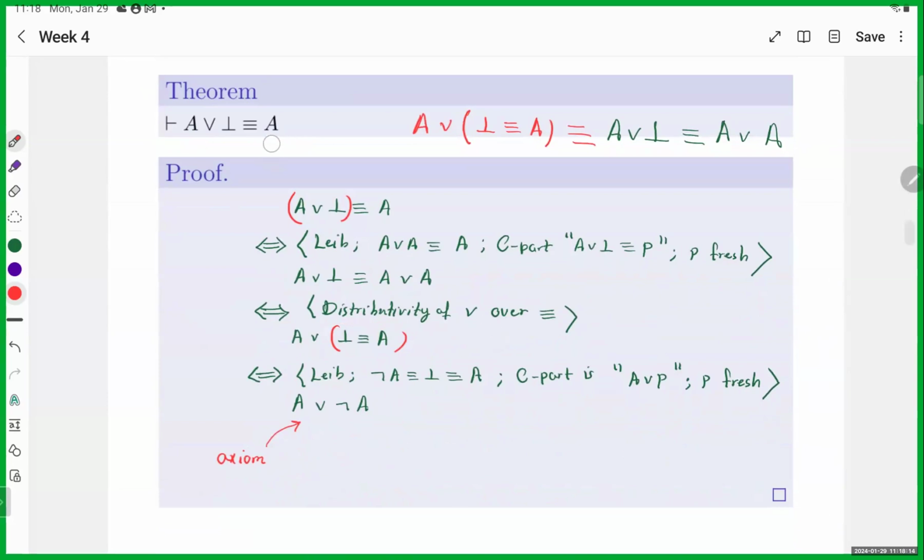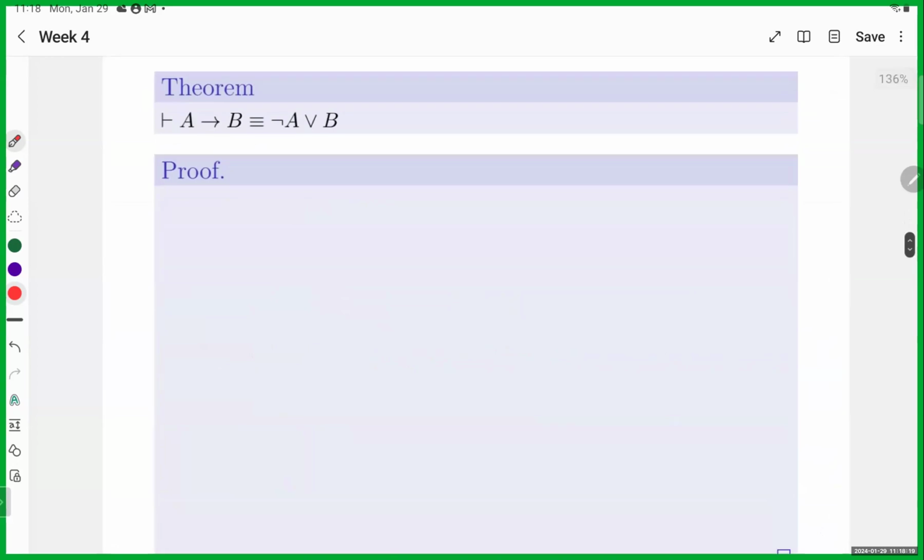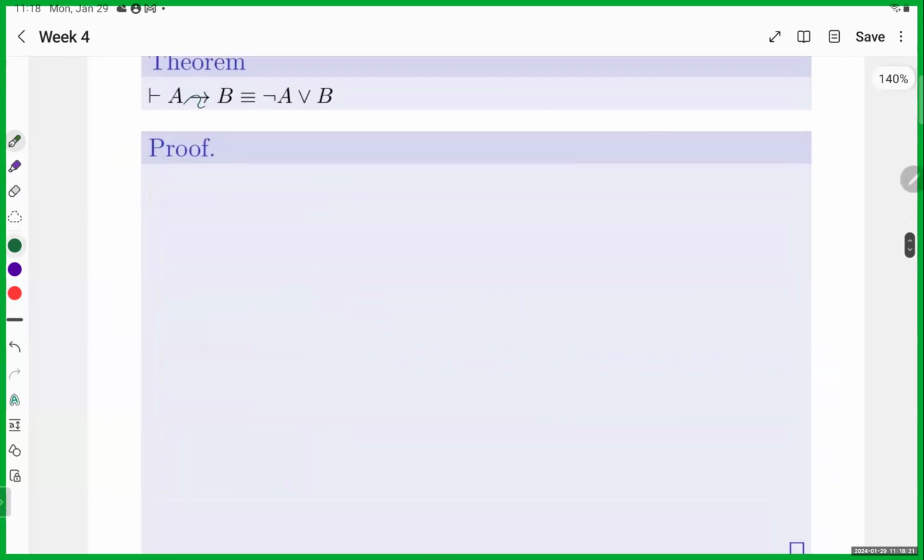All right, let's move on to our next theorem, the last one for today. I hope I'll have time to finish it, but let's prove a very important, very useful theorem: A implies B is equivalent to negation of A or B. Again, a tautology that you've probably seen before. How do we prove this?